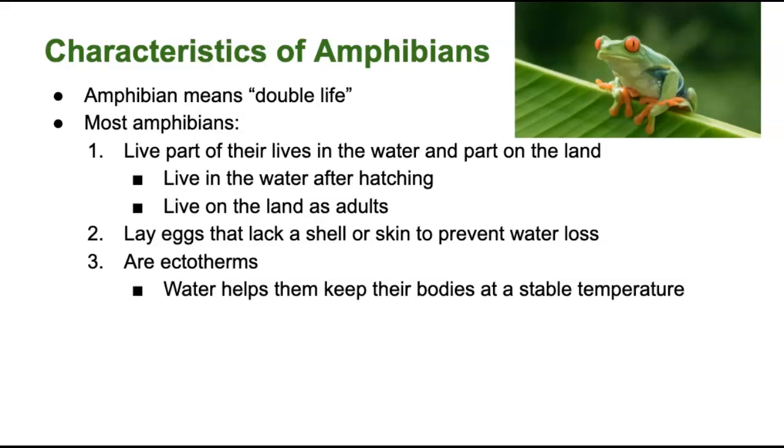A couple of other characteristics that amphibians all have in common: they lay eggs that lack a shell or a skin, and this is to prevent water loss. And they're all ectotherms as well, which remember means that they can't necessarily maintain a stable internal temperature on their own. Living in water is an advantage to an ectotherm because water doesn't change temperature as radically as the air does. Think about living by Lake Michigan. The lake takes a really long time to get warm, and then it kind of stays warm longer than the atmosphere.